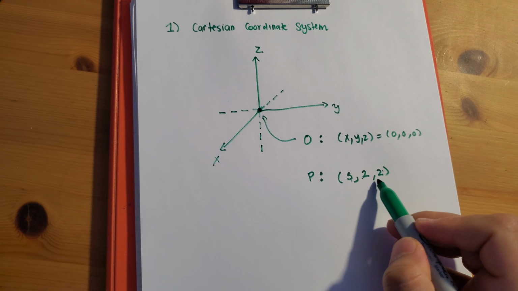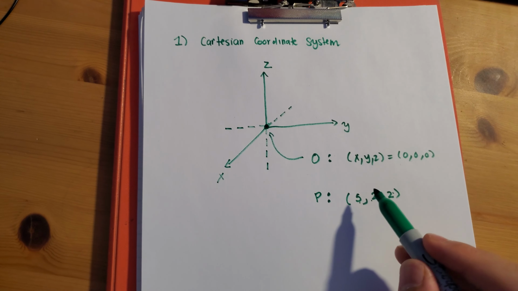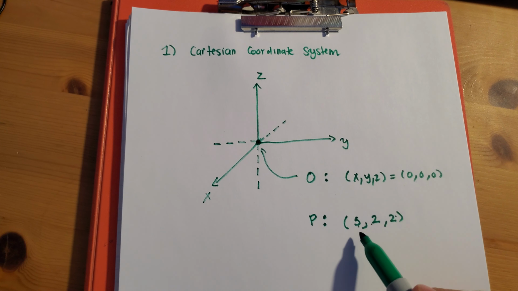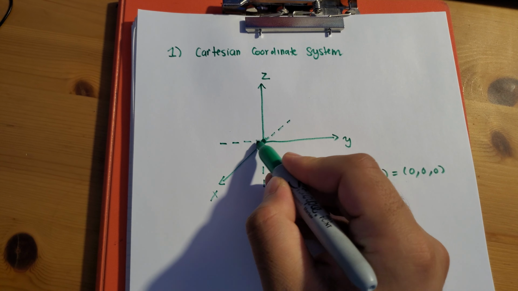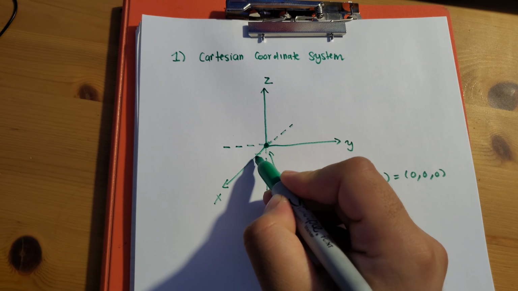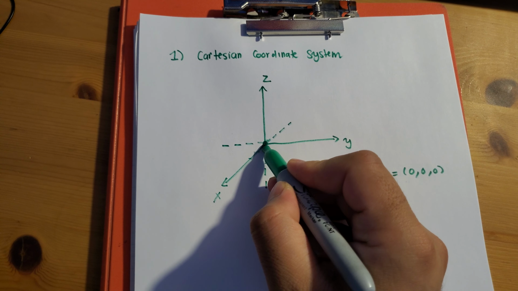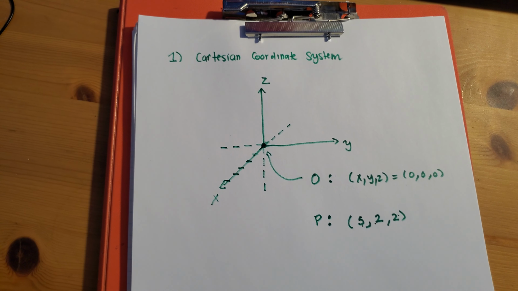If one of these numbers was negative, you would just go in the opposite direction of the positive axis. So 5 would mean that we jump 5 steps in the x direction towards the positive side. So if we scale it, we can say that this is 1, 2, 3, 4, 5, right?